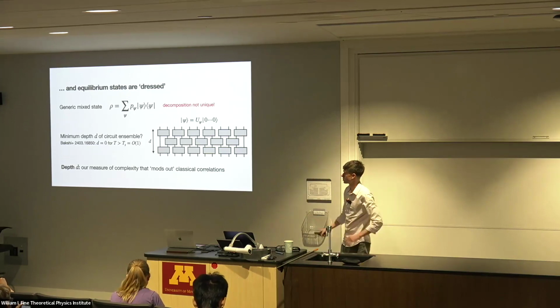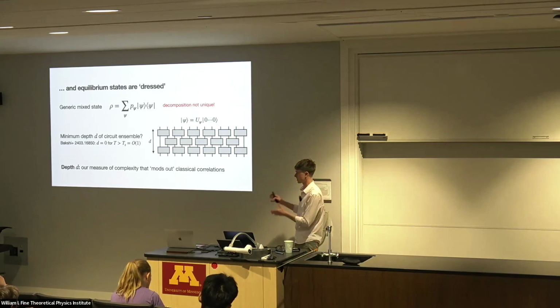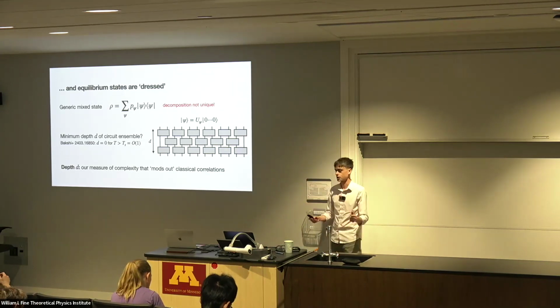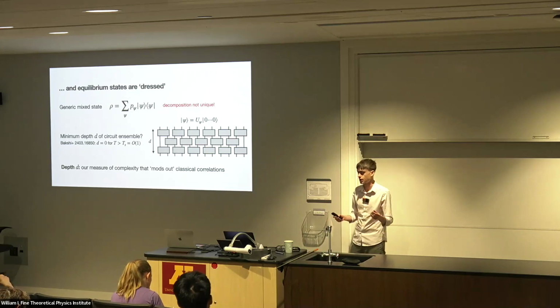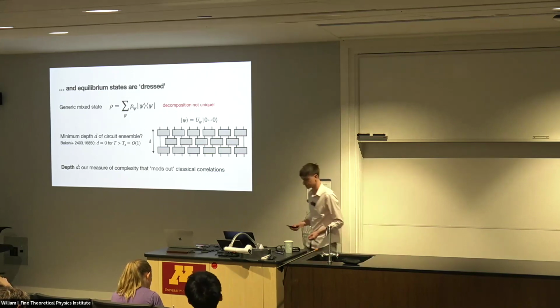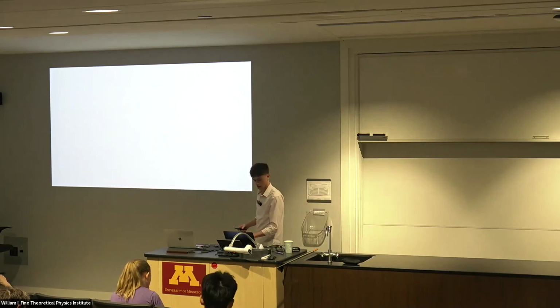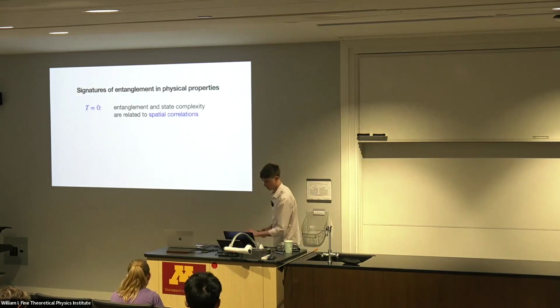Okay. What I'm going to show you through this talk is that by looking at the dynamics of the system and standard spatial correlations, you can see how much dressing is necessary to describe your thermal state. And so you can see how far away you are from some effective classical description. I've sort of already said this.